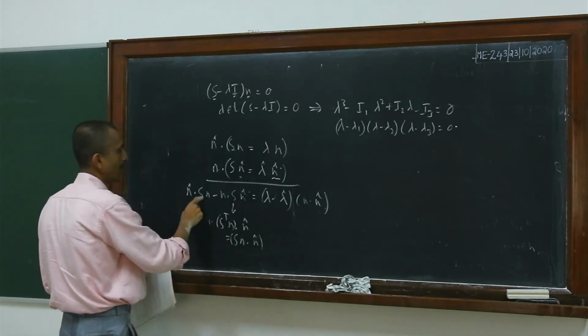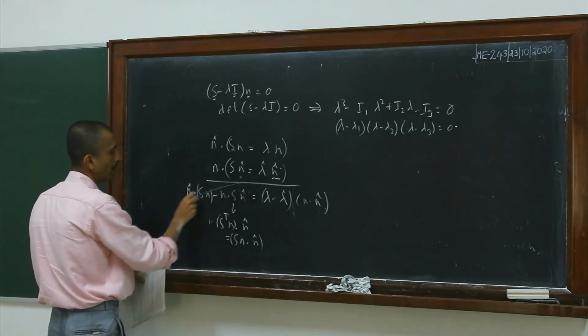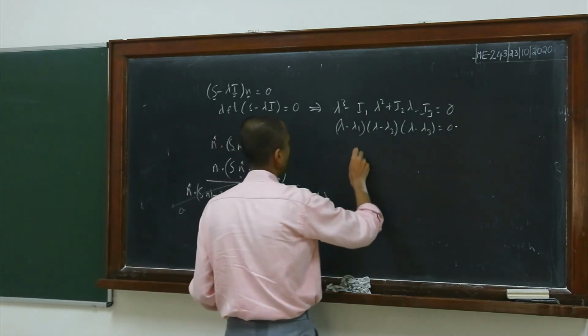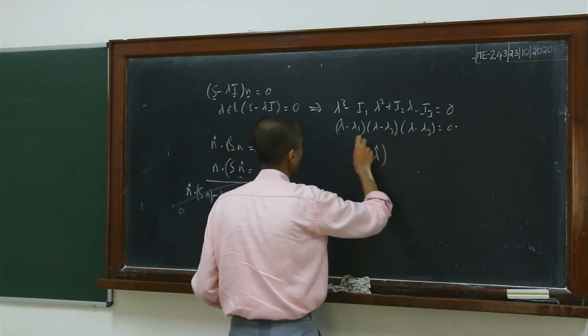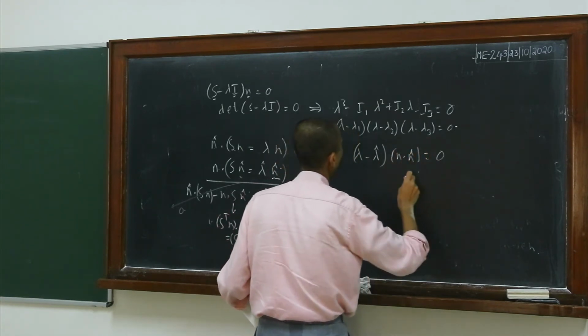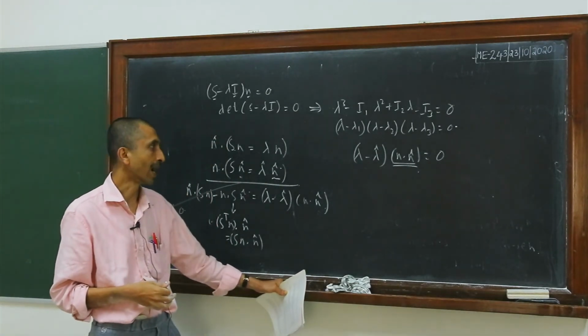And which is the same as this one. So basically this whole term just goes to 0. Right? So what we have now is that (lambda minus lambda hat) times n dot n hat is equal to 0. And this is a positive number, right? Because that is just the magnitude of the eigenvector.